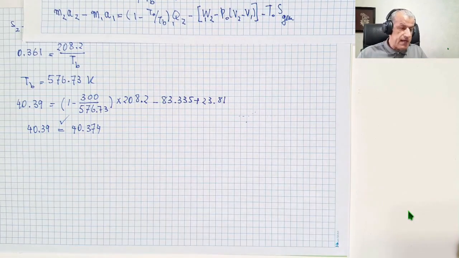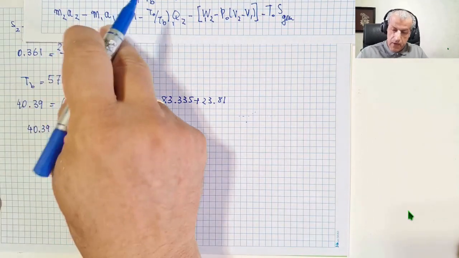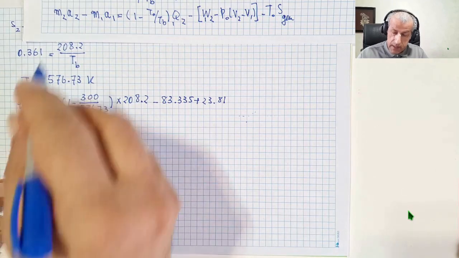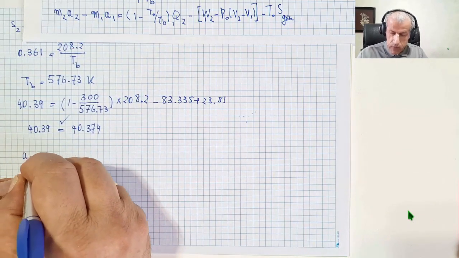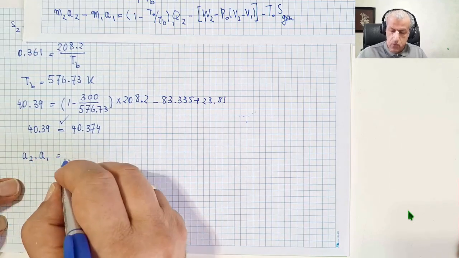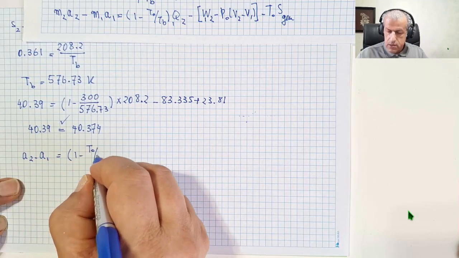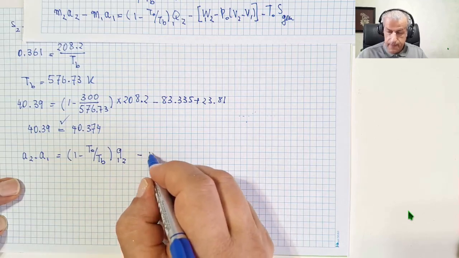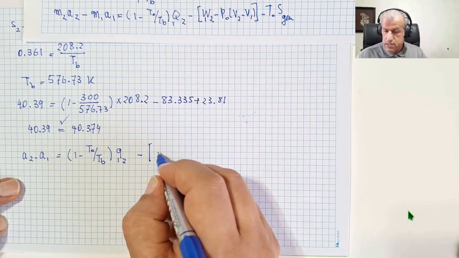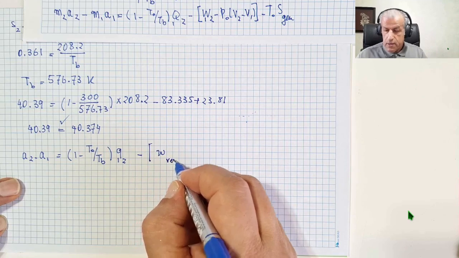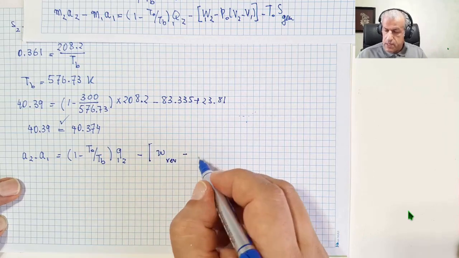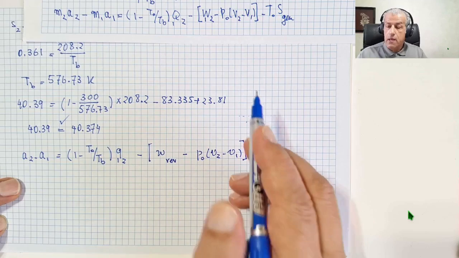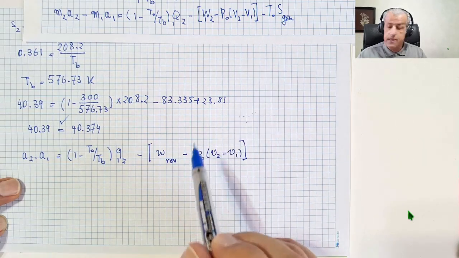So to calculate the maximum possible work, we write this equation: A2 minus A1 per unit mass would equal 1 minus T0 over TB times Q12 minus maximum possible work, which is W, let's call it W reversible, minus P0 times V2 minus V1. And the final term would be 0.